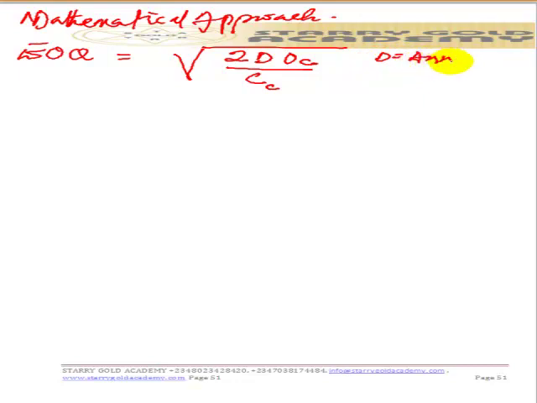So if we are going to get our EOQ, economic order quantity, the formula is square root of 2 DOC over CC. In this case, D is annual demand.